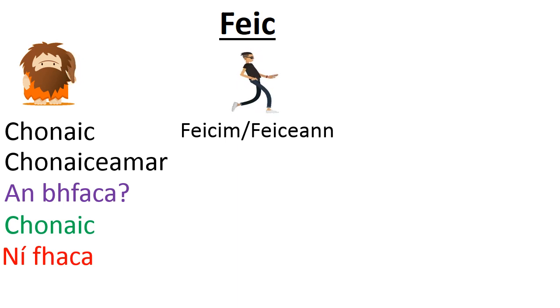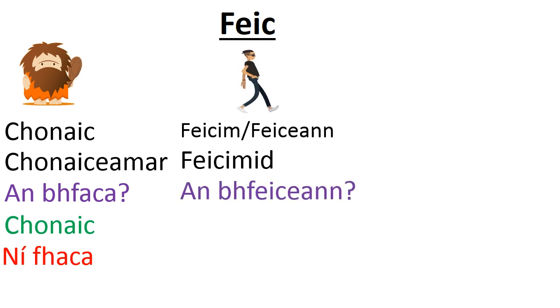So don't write feicim mé, because that would basically mean I see I. You're saying the I two times if you do that. So it's not feicim mé, it's just feicim. And then it's feiceann tú, feiceann sé, feiceann sí, feiceann siad. For we, feicimid.